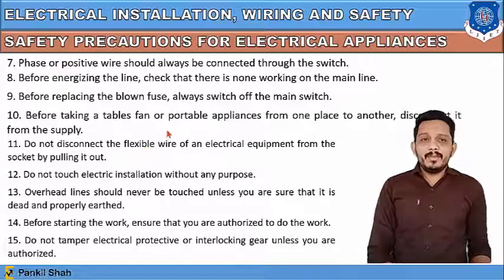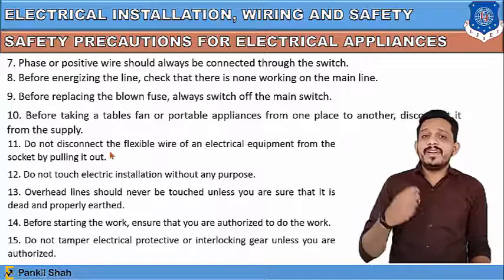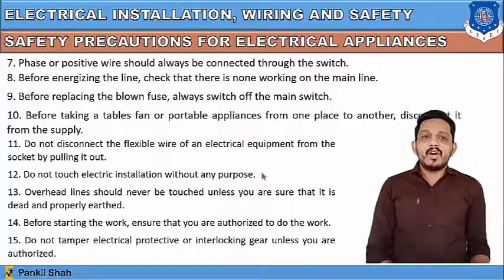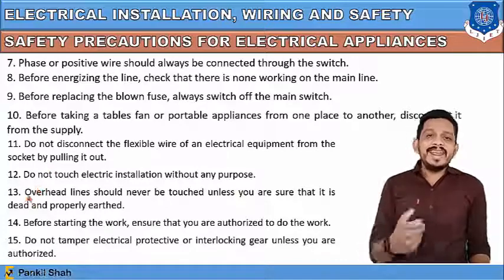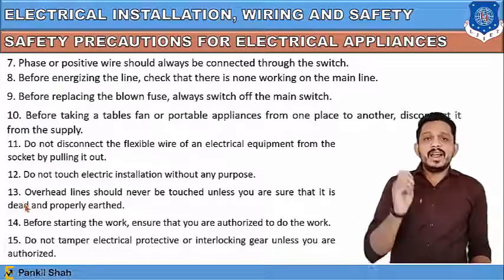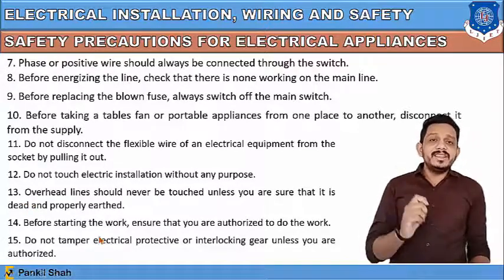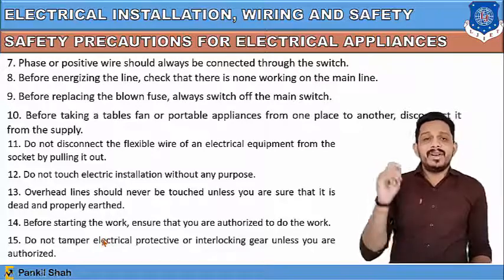Before taking a table fan or portable appliance from one place to another, disconnect it from the supply. Do not disconnect the flexible wire of electric equipment from the socket by pulling it, and do not touch any electrical installation without permit. Overhead lines should never be touched unless you are sure that they are dead and properly earthed.